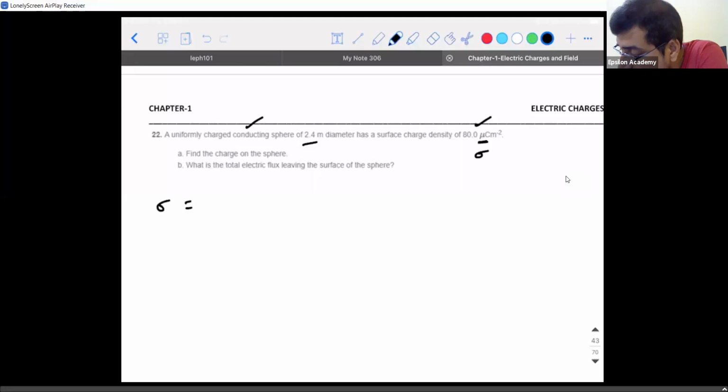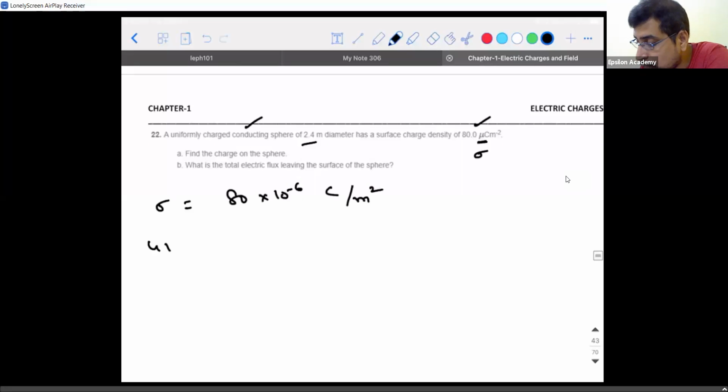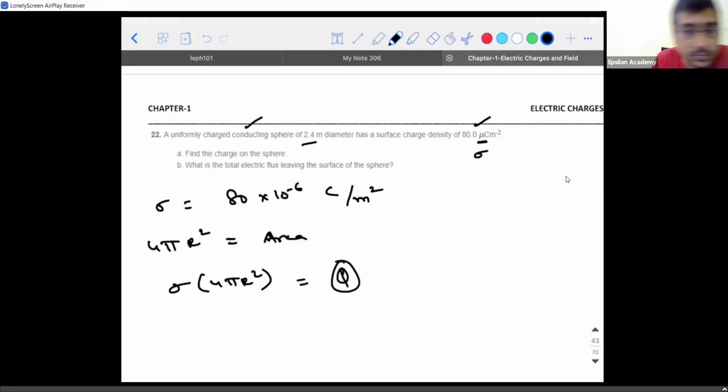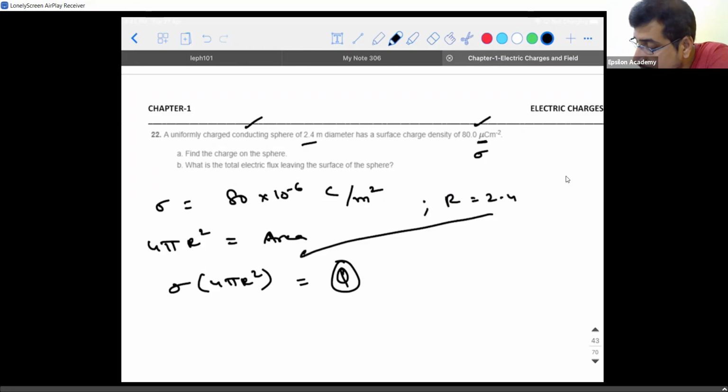Using the surface charge density formula, we can get the charge. 4 pi r square is the area. So sigma multiplied by 4 pi r square will give you the charge. This part I hope you can do. So capital R is how much? 2.4 meter. Substitute it here.